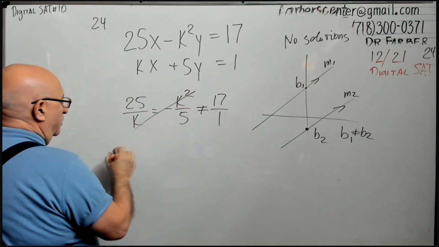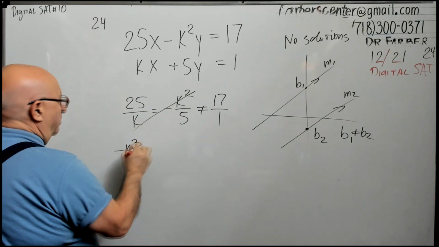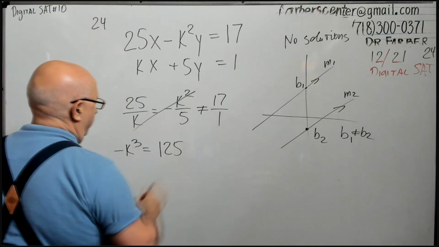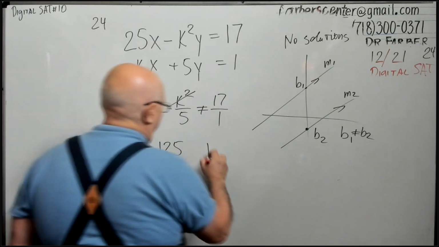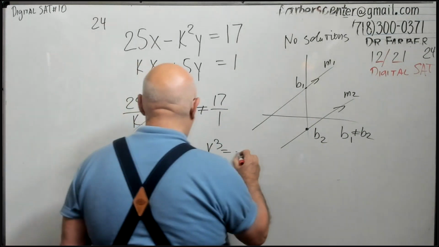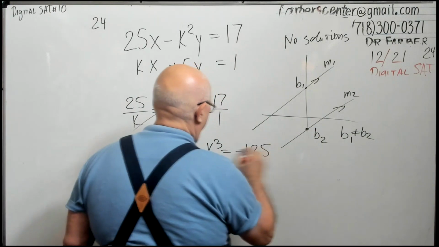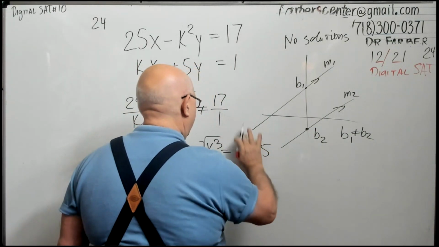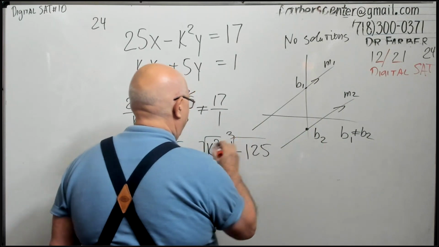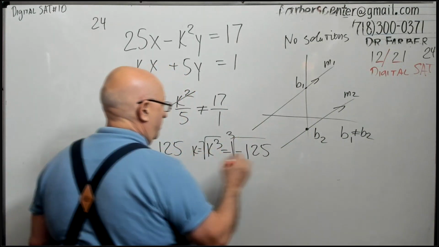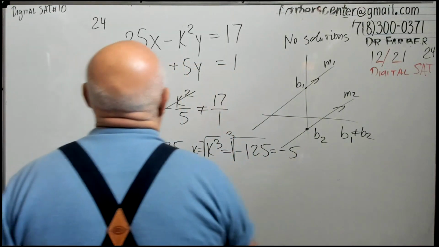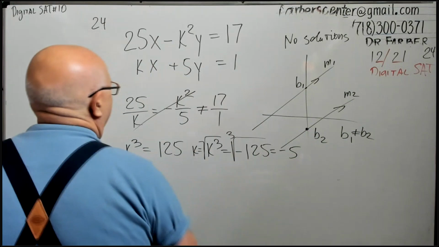Or negative k cubed equals 125, or k cubed equals negative 125. Take the cube root on both sides. You have k equals negative 5, and you have to check.